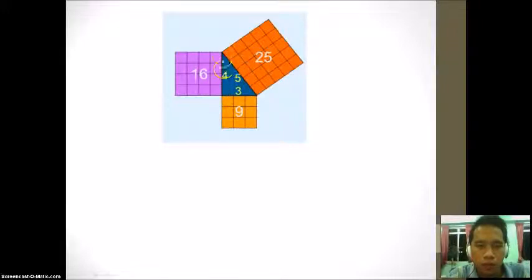This one is 4, 4 times 4 is equal to 16, and this one is 3 times 3, 9. So Pythagoras states that the square connected to this side and this side is equal to the square connected to this side. So 16 plus 9 is equal to 25. So it is proved. Okay.